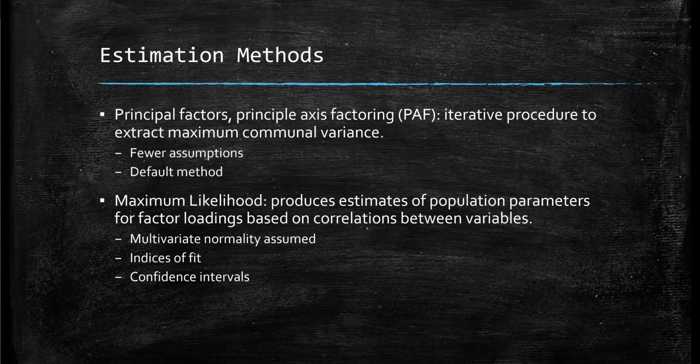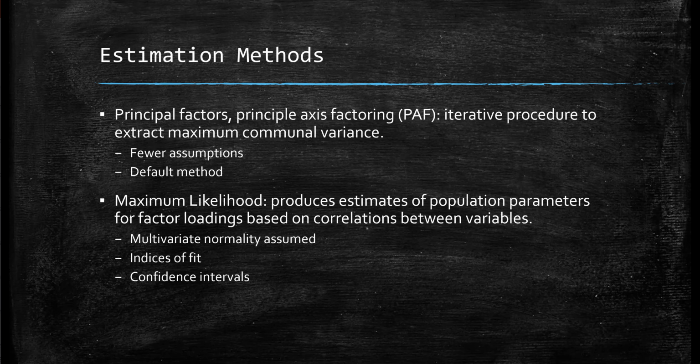This method is probably the most commonly used. It tends to have fewer assumptions than other methods, and it's probably the most well understood of the methods that exist in terms of conveying your results.